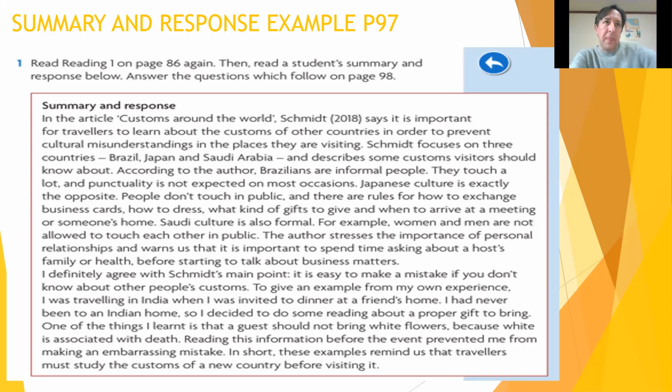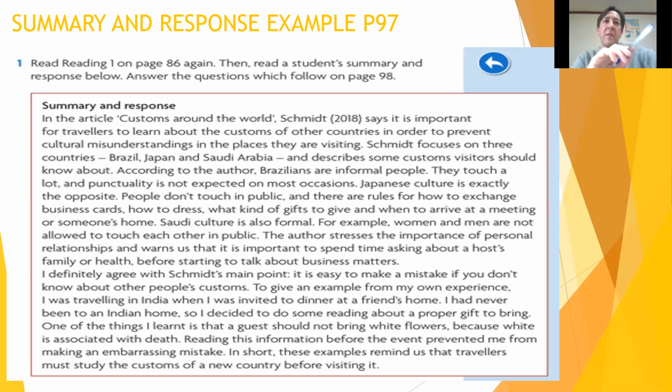Let's read it. In the article, Customs Around the World, Schmidt, 2018, says it is important for travelers to learn about the customs of other countries in order to prevent cultural misunderstandings in the places they are visiting.